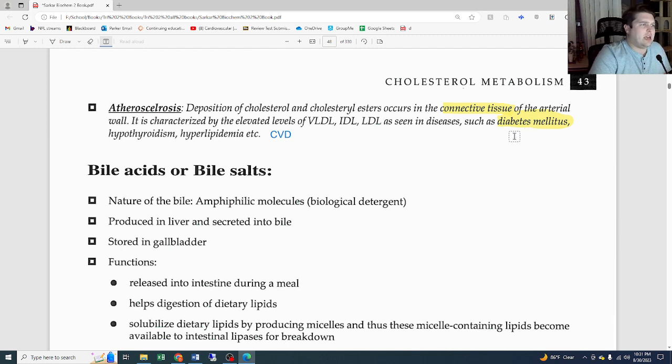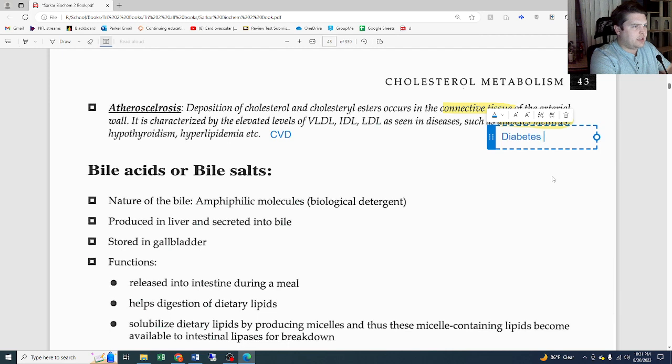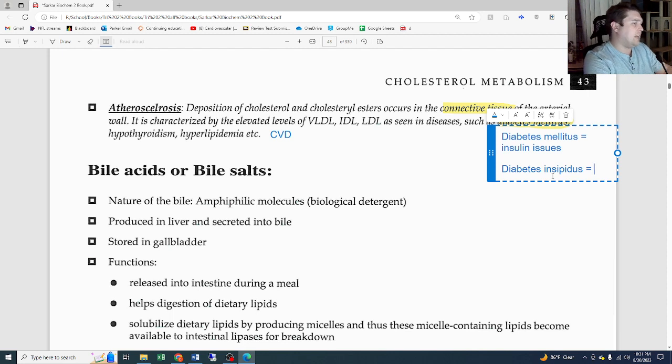A quick note here, diabetes mellitus. Diabetes mellitus is insulin issues. Diabetes insipidus, which you'll learn about next trimester, and in a couple of other classes as well, in physiology and systems pathology.